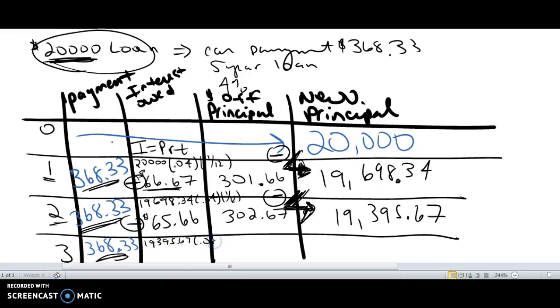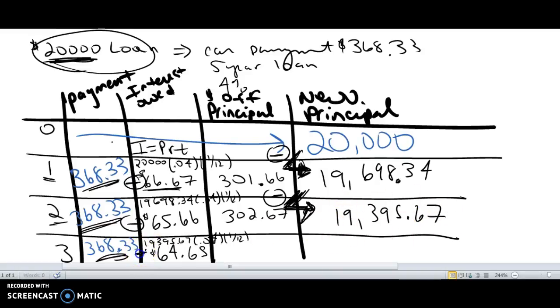Still 4% interest, still a month at a time, so this will always be 1/12, or divide by 12. And this time it's $64.65. Again, the bank is charging you interest on this moving target, so that's your new interest on that loan.